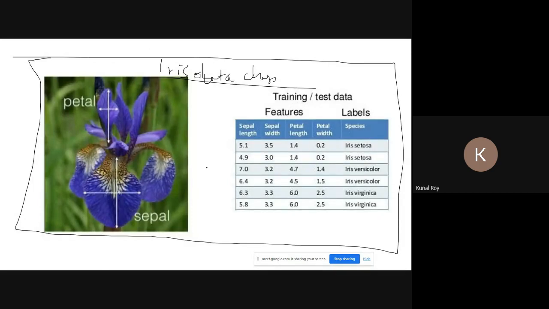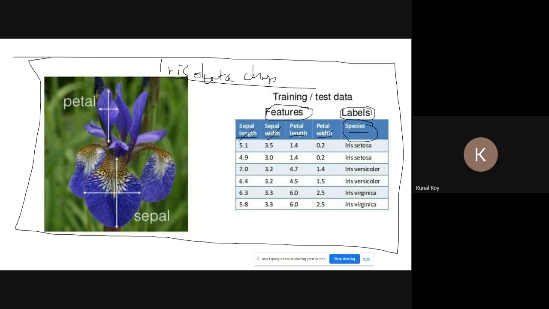It is just used to identify a plant species based on the following parameters: sepal length, sepal width, petal length, petal width. So the features, whatever I have discussed, are sepal length, sepal width, petal length, petal width, and the species is acting like a label.